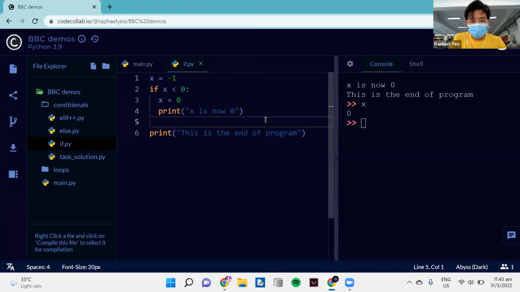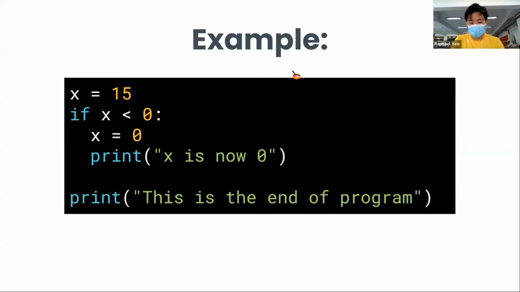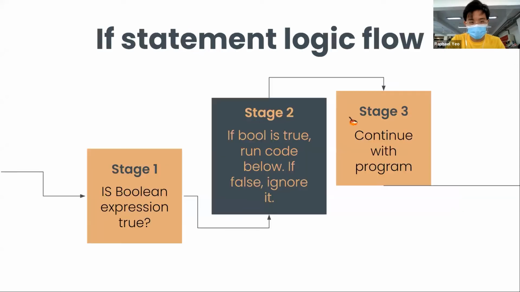All right. So this is fairly simple. If statements are quite simple. So now let's move on to the next part of conditionals. Okay, so before that, as a summary, first you'll meet the Boolean expression, which will be the start of the if statement. If it's true, you run the code, else you ignore it.